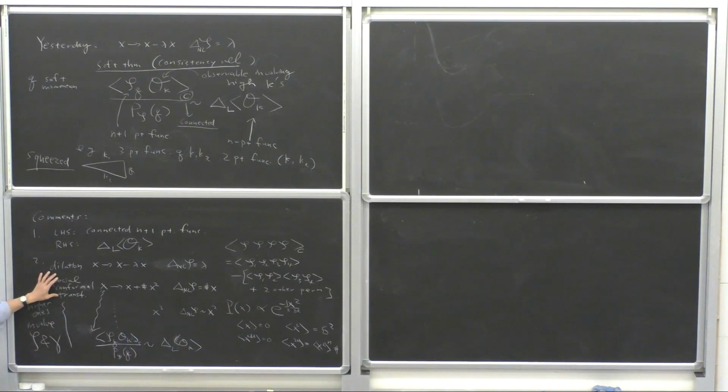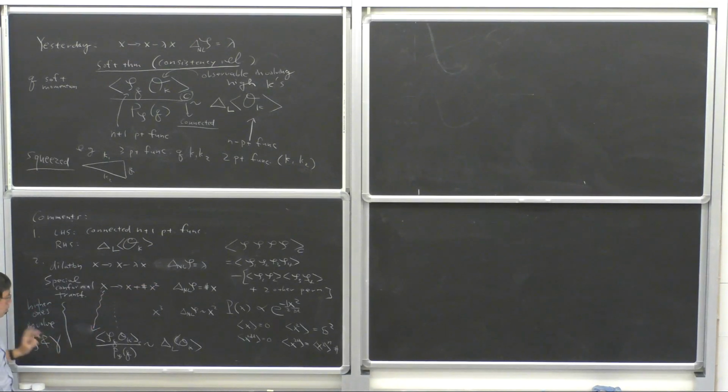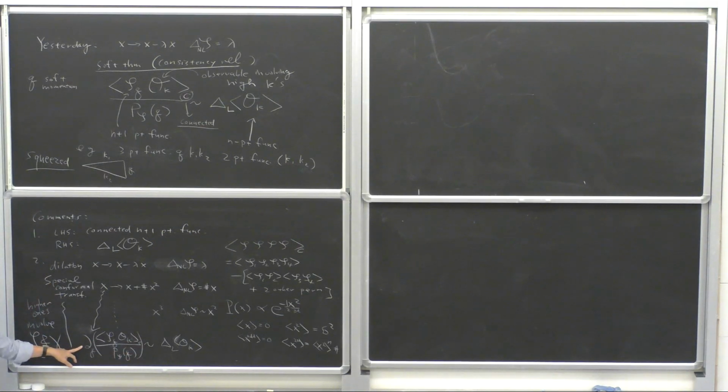The special conformal mode, because it involves an extra power of x, becomes an extra derivative with respect to q on the left hand side, basically. And the higher ones would be, the next one would be second derivative with respect to q, and so on. You got it?